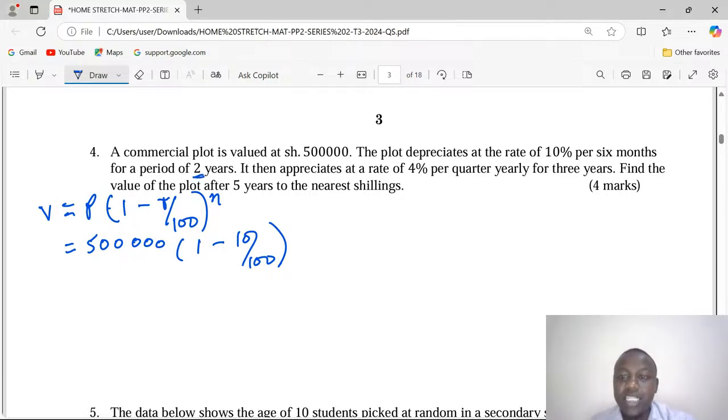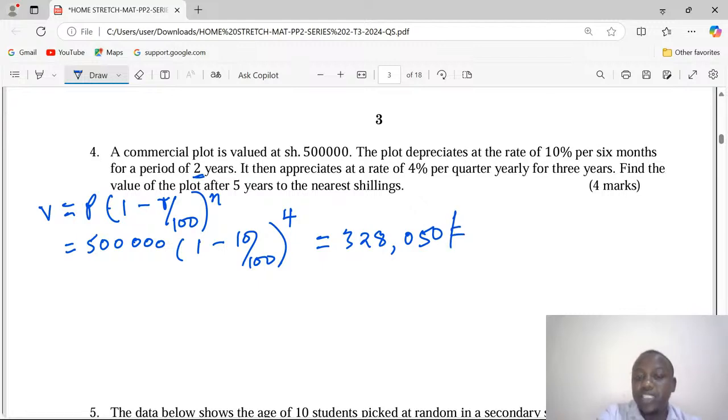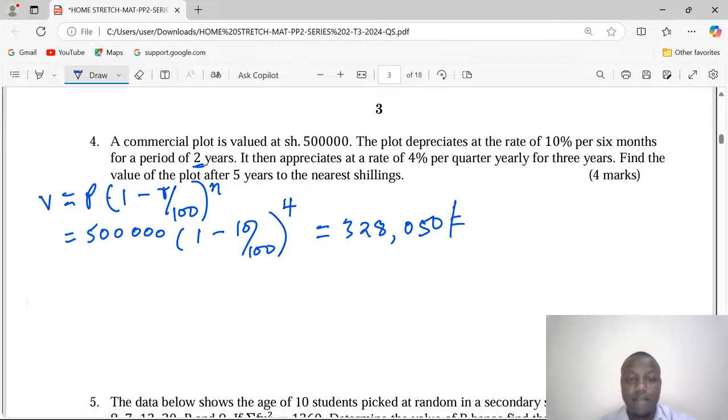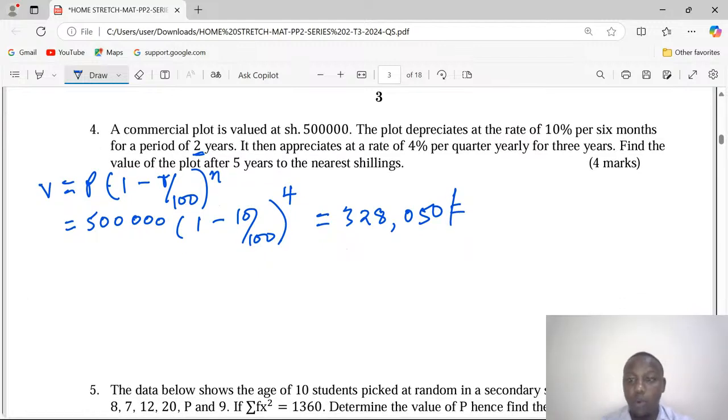Depreciation rate is for every 6 months, which means it's half yearly or semi-annually. So within 2 years, there are 4 halves. And the value here is going to be 328,050 Kenya shillings. That is the value of the plot after 2 years of depreciation.